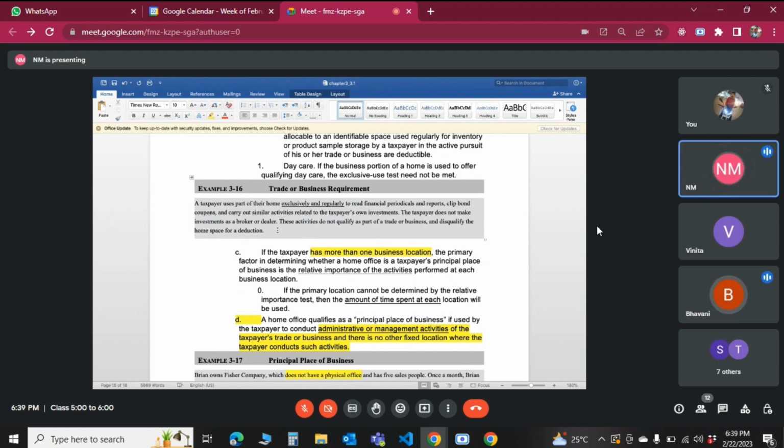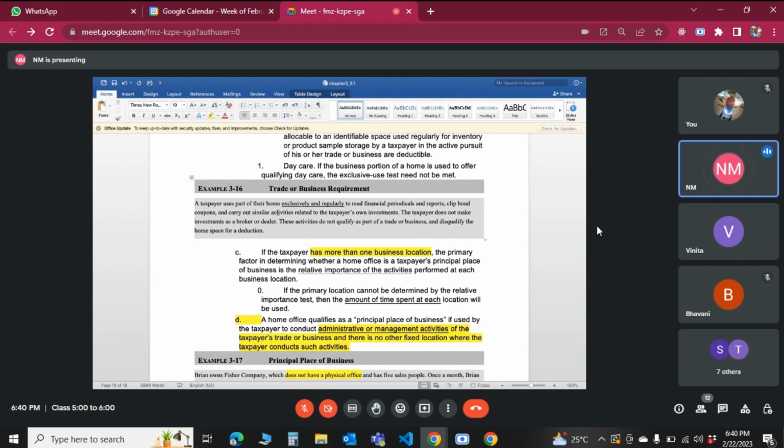Yeah, please go ahead. Ma'am, it's related to the taxpayer's own investments, so it is not a part of business or trade. So there would be a deduction. Right, because he's not a trader or a broker or anything. This is a passive trader just to be aware of what's happening. They want to read the financial periodicals.